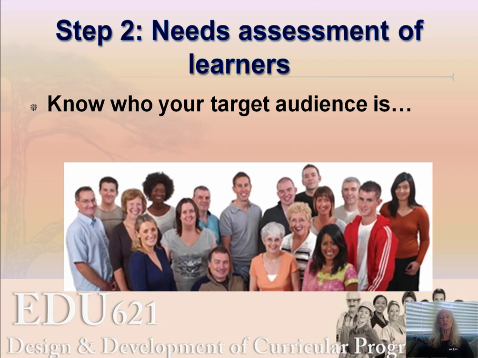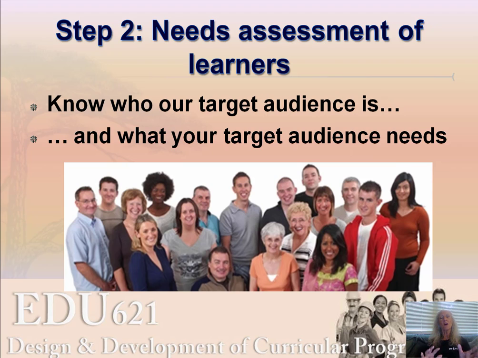And it's up to you to review the peer-reviewed research to help you better understand each target group. You want to know what your target audience needs, and this is what they need to be successful in the program you design and what they need to be successful after they've completed your program.